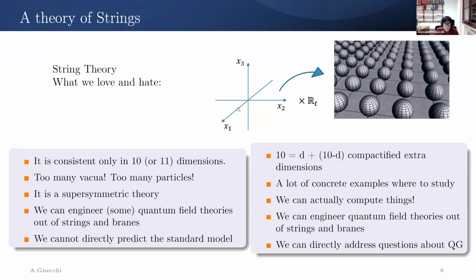Because of the microscopic ingredients in string theory, consisting of both strings and branes, which are extended hypersurfaces on which open strings end, we have control of the microscopics, and we can use this to engineer quantum field theories with certain properties in higher dimensions, which would be strongly coupled and maybe don't have a Lagrangian description, but whose symmetries and properties we can grasp from their microscopic construction.